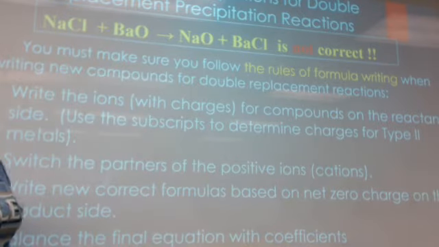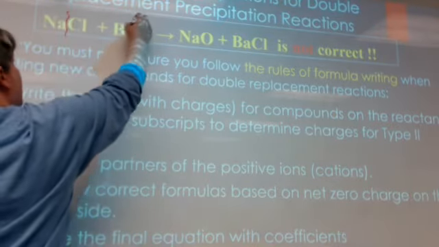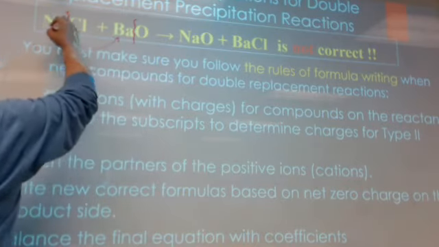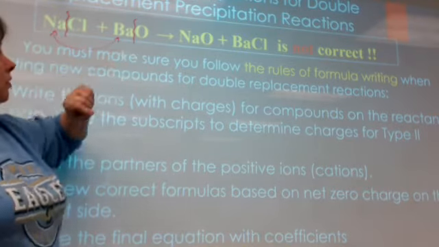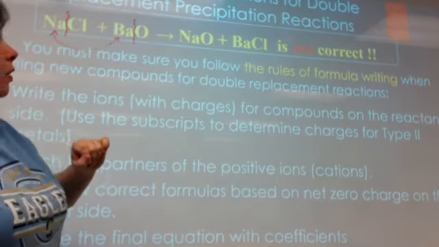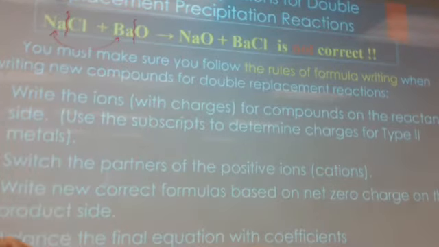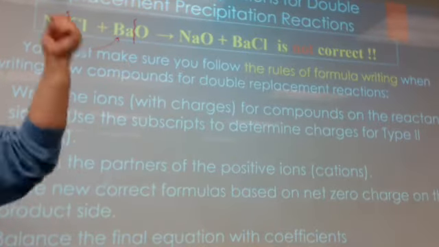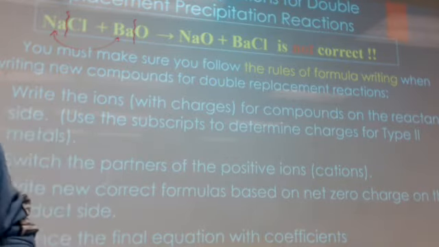Essentially, all that happens is that our ions break up, and then our two positive ions, the ones in the front, trade places. So sodium is going to pair up with oxygen, and barium is going to pair up with chlorine. In a simple world, we would simply chop them in half, rearrange them, and write the new formulas. But unfortunately, chemistry is not a simple world.